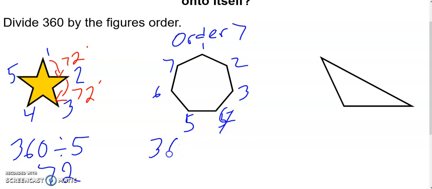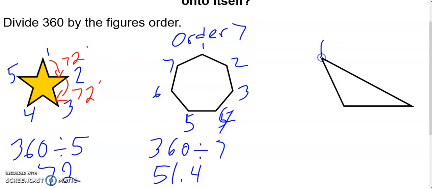So if we do 360 divided by 7, because the order is 7, that gives me 51.4. I'm going to round it to the nearest tenth of a degree. What that means is every time I turn that heptagon, 1 turn to map onto itself is 51.4 degrees.